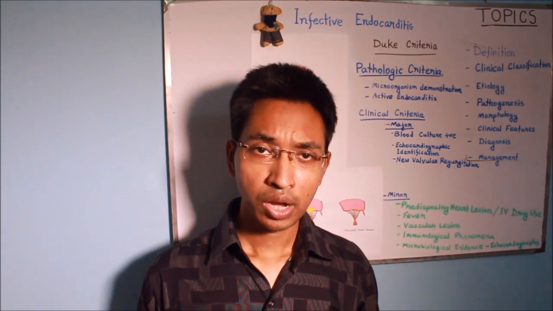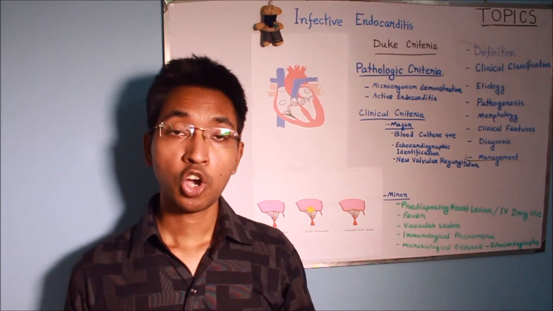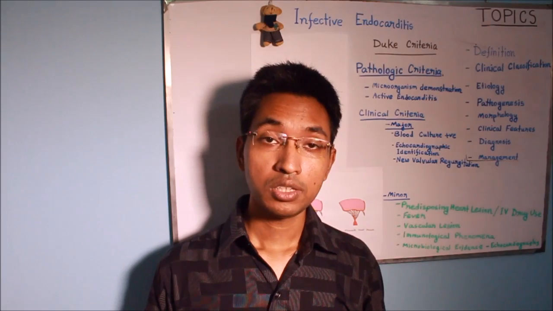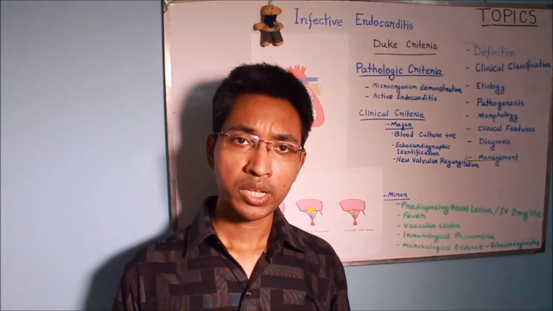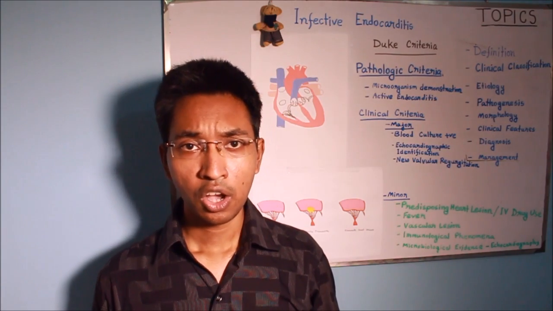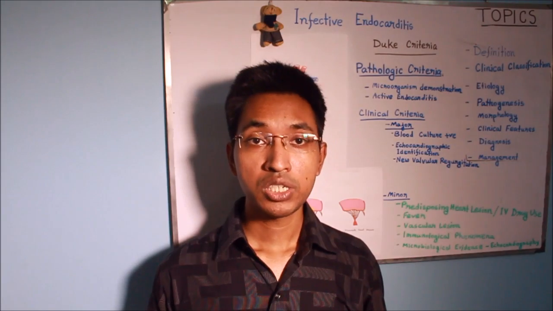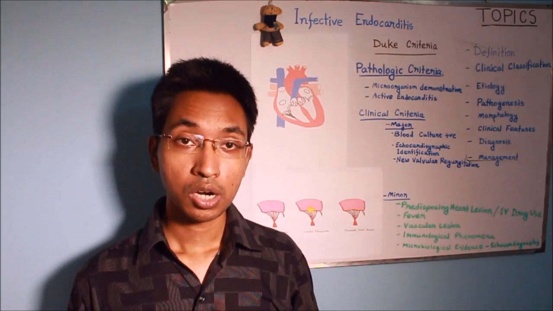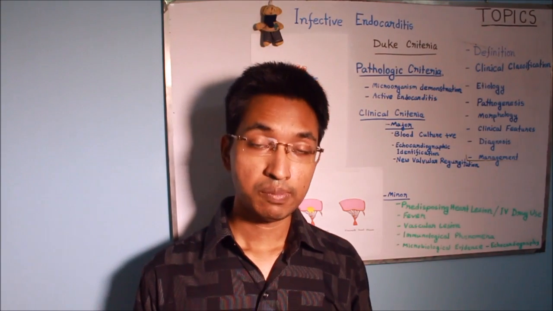Now always remember, when these vegetations occur on atrioventricular heart valves, for example on the mitral valve, they most commonly tend to occur on the atrial surface of these valves. And when these vegetations occur on semilunar valves, for example on the aortic valve, they tend to occur on the ventricular surface of semilunar valves.